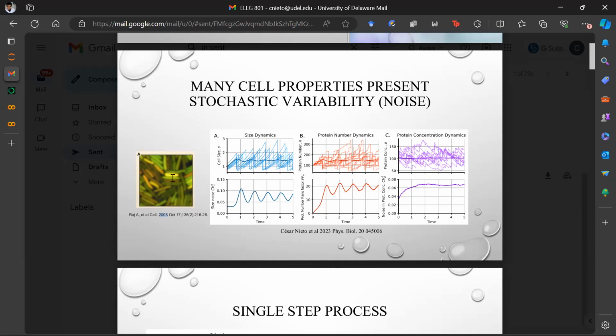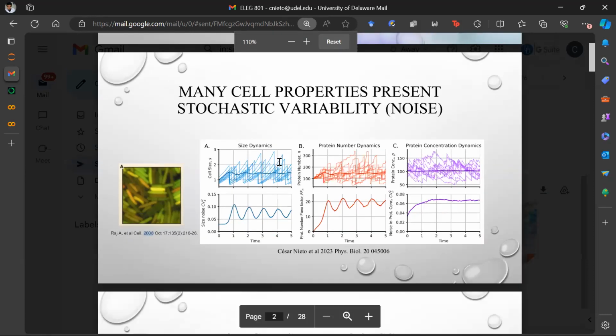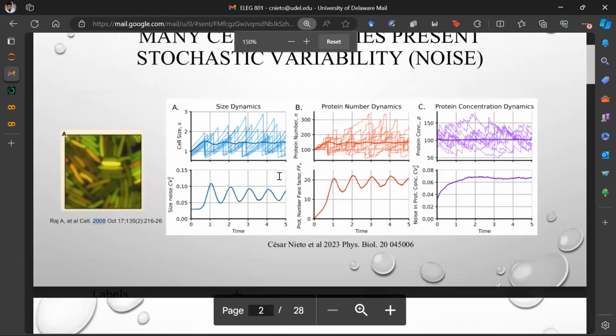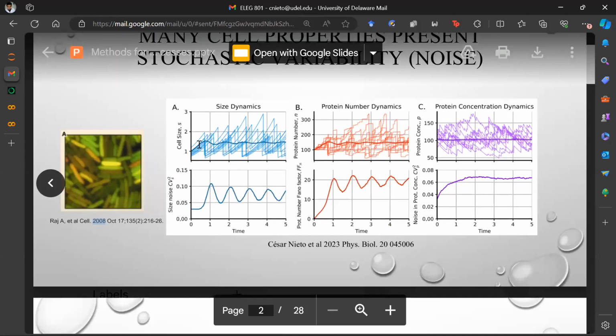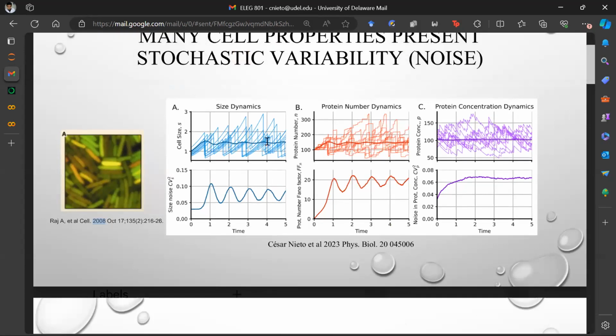You can see here that these bacteria grow exponentially over time, and they divide. The time when they divide is random, or has some level of random variability. Here you have some trajectories, and we can estimate the mean level, which is the darker blue, and how the mean changes over time.